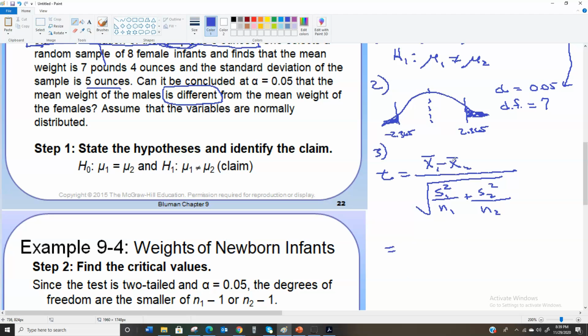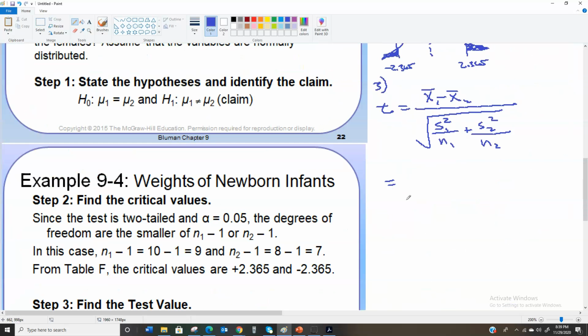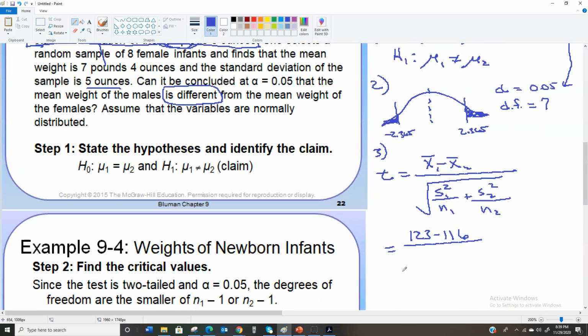In this case, x1 and x2 are those averages, the 123 and 116. Our s's are the 8 and 5, so 8 squared and 5 squared. And then our sample sizes were 10 and 8.